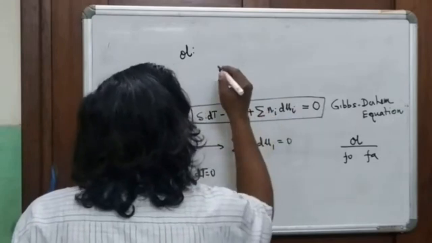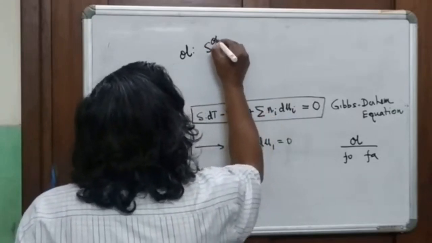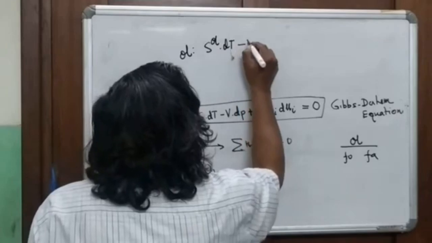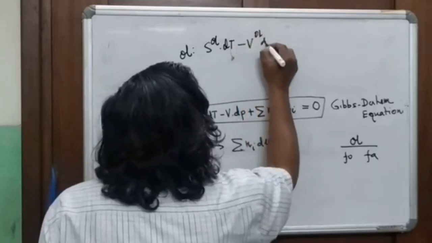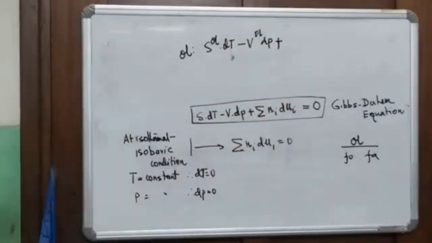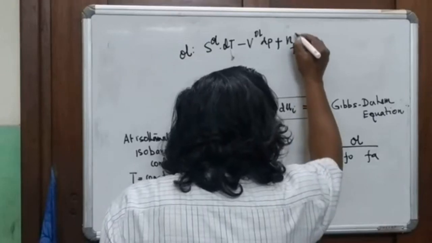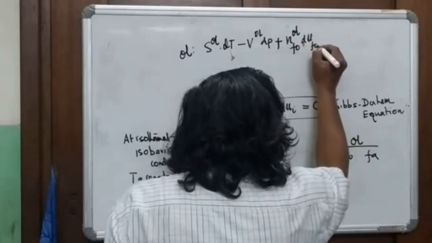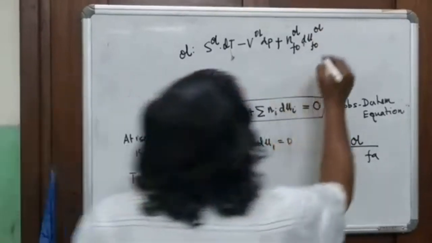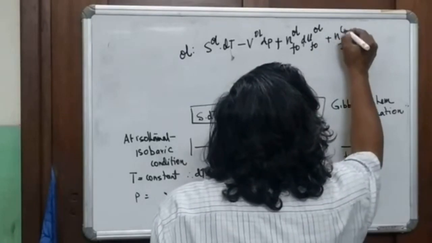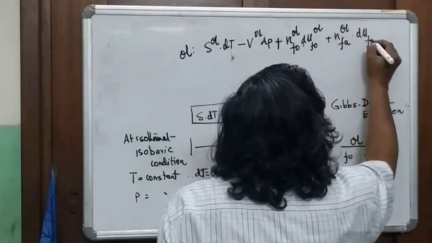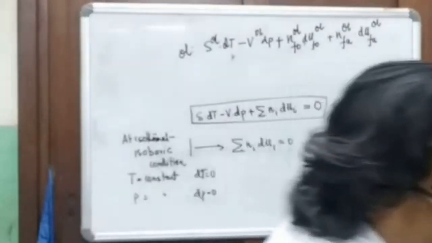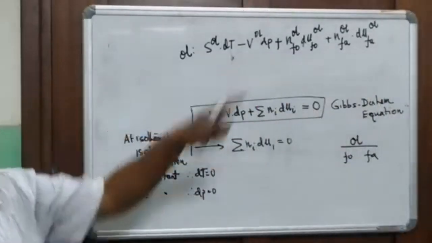For olivine, the Gibbs-Duhem equation looks like S olivine dT minus volume of olivine dP plus N forsterite in olivine into d mu forsterite in olivine plus N fayalite in olivine into d mu fayalite in olivine. This is how it looks.